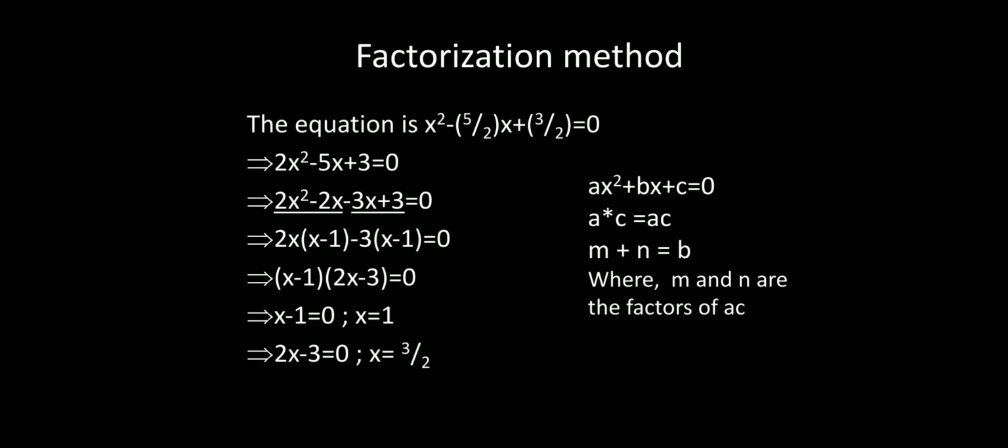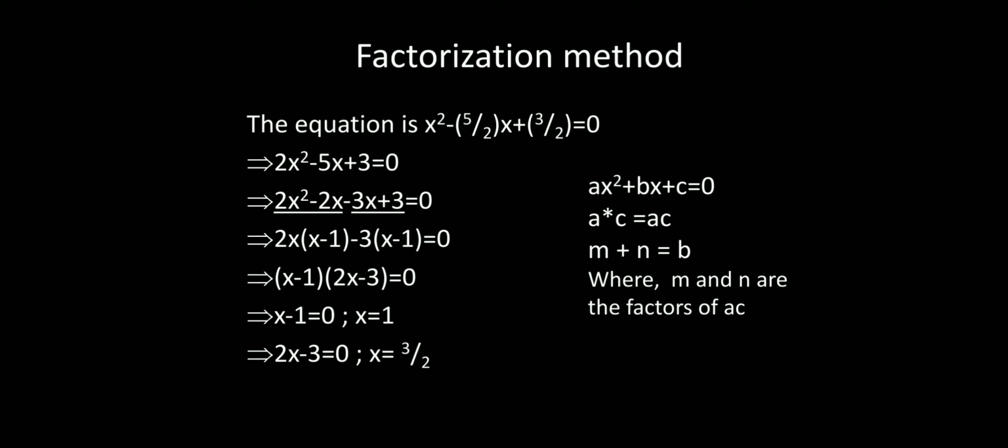In 2x square minus 2x, 2x is common and the rest is written in the bracket, which is x minus 1. Then from minus 3x plus 3, minus 3 is taken out and written as minus 3 in the bracket x minus 1.